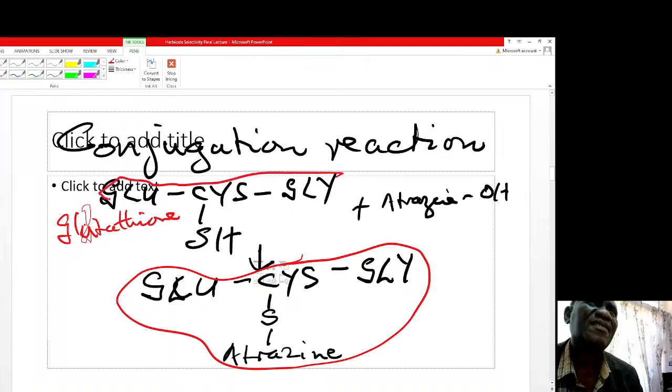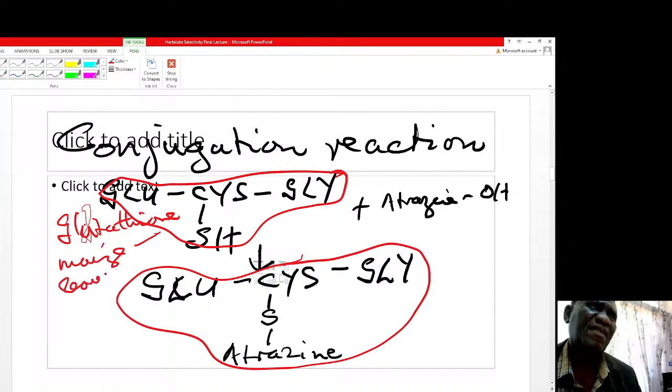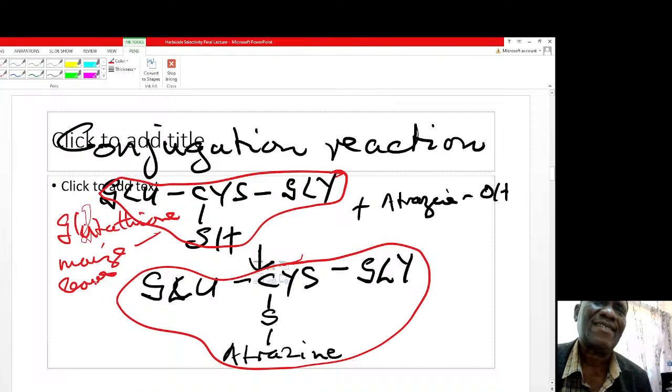This one. We have plenty of it in the maize leaves. And it protects the maize from atrazine toxicity by simply combining with the atrazine in a conjugation reaction.